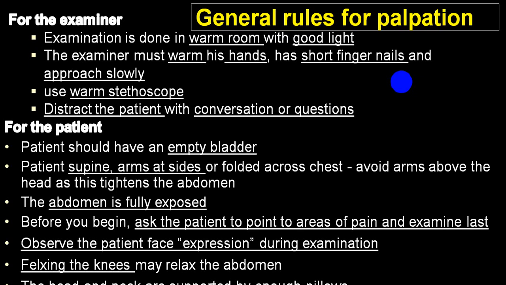When you are palpating, do look at the face to find out tenderness and how severe it is by facial expression. During tender area palpation, you might need to flex at the knee so that your abdominal wall is a little bit relaxed. Support the head and neck with an adequate pillow.